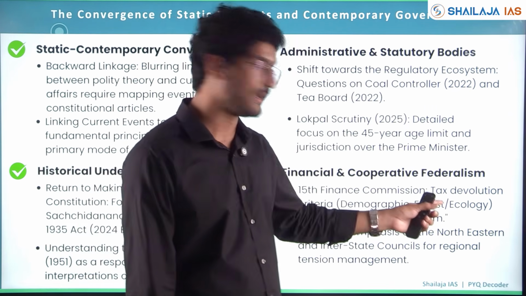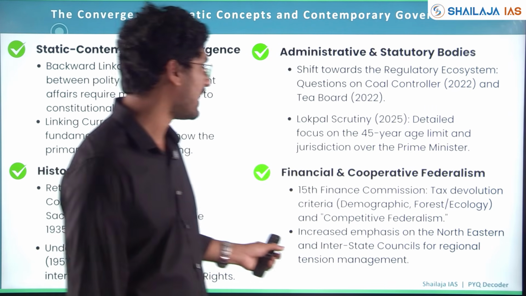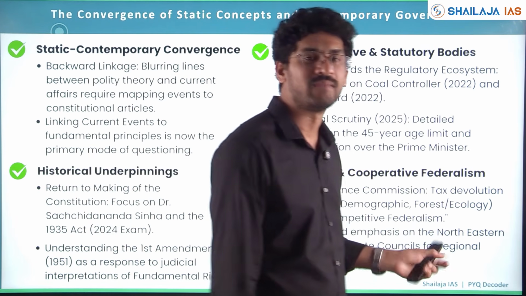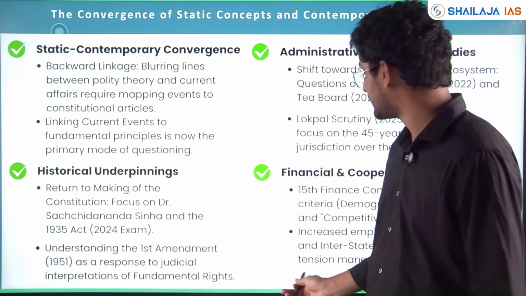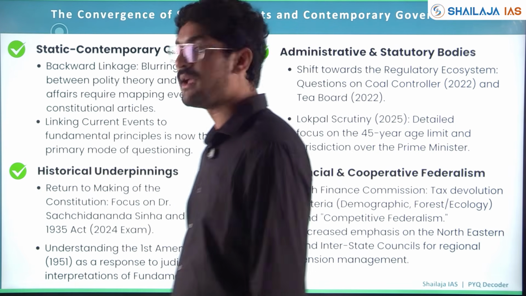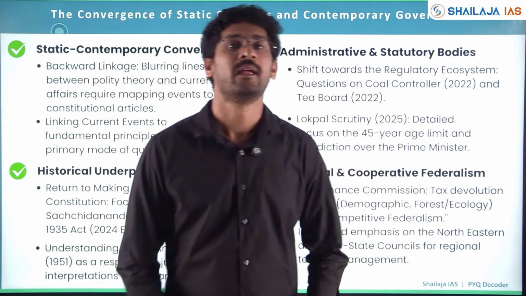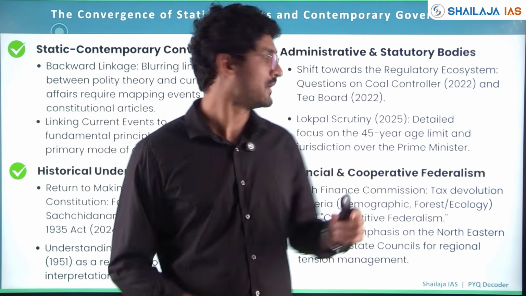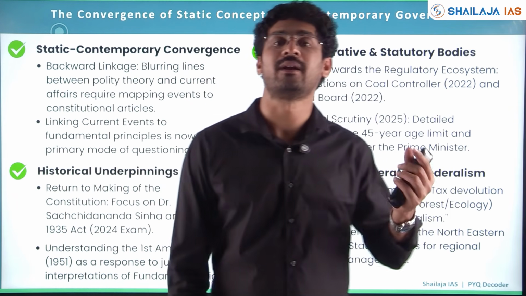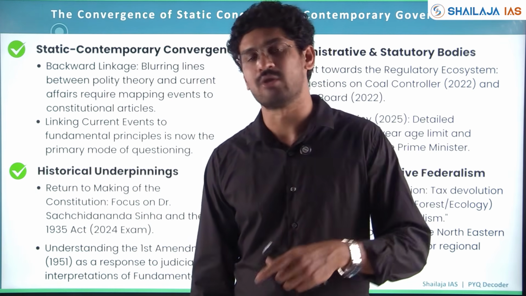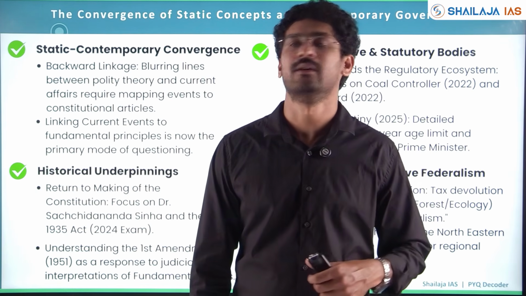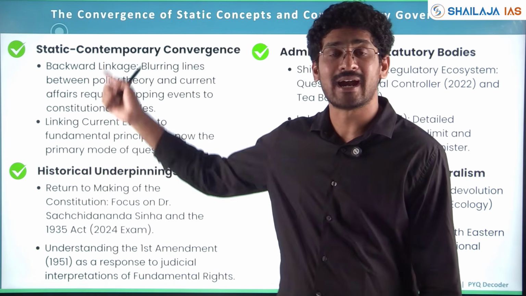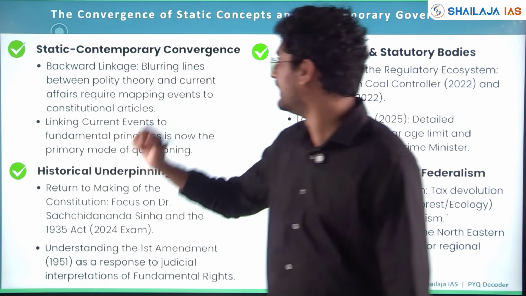This question was in 23, cooperative federalism, and the Northeastern Council, this question was there in I think 25, the Interstate Council, all this was there in 24-25 recent year papers, where the bodies, the administrative acts, the cooperative federalism bodies, again it might be constitutional, it might be statutory, okay, it might be executive, and your history and static contemporary things are linked.